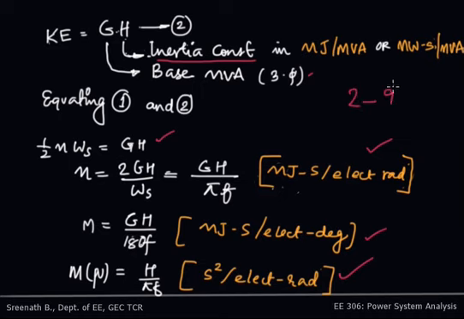Okay, so 9 is generally for steam turbine coupled synchronous machines, steam turbine coupled generators. And the value for a hydro generator will be in the range of 4.